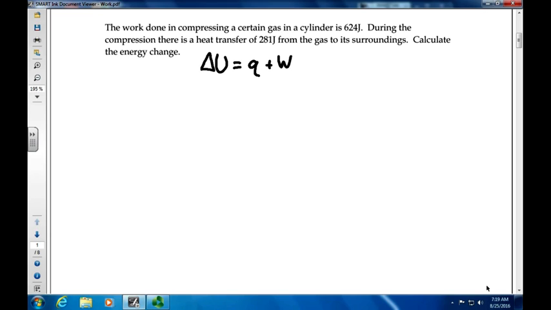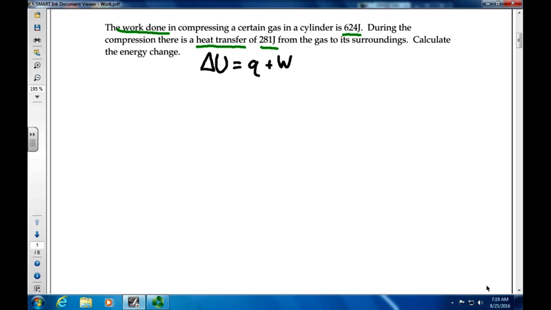So we need to identify which one's work, which one's the heat that's being transferred. 624 is the work done, 624 joules. And the heat transferred is 281 joules. So we simply have to plug that in.